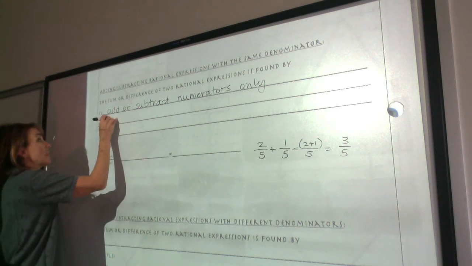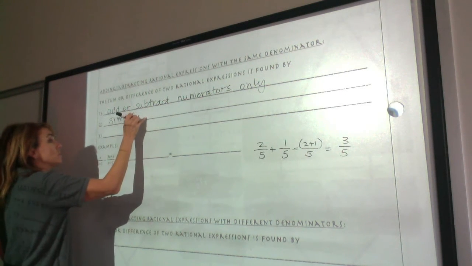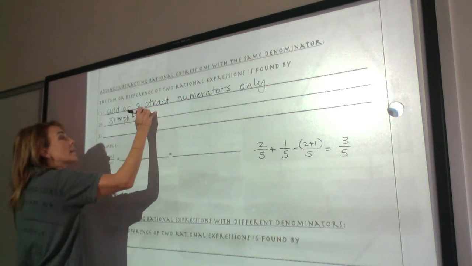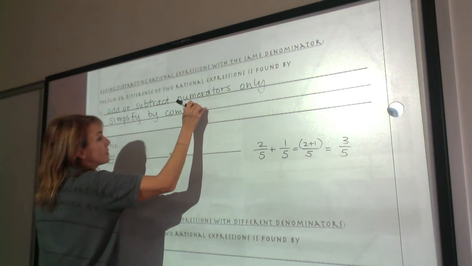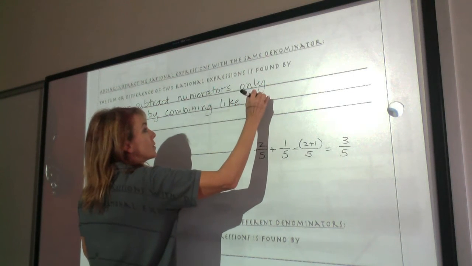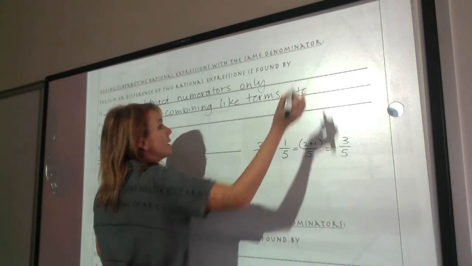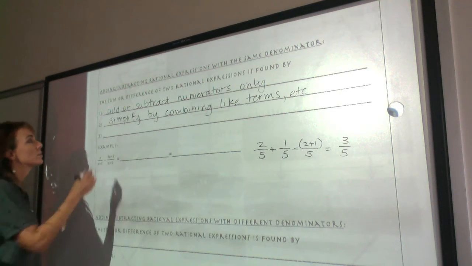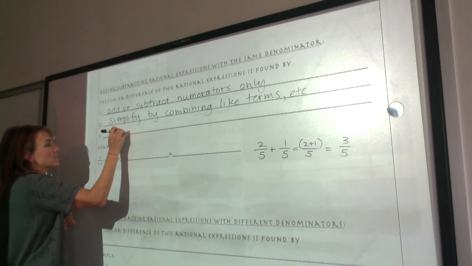We're going to simplify by combining like terms, etc. Okay, and then we're going to simplify any common factors.